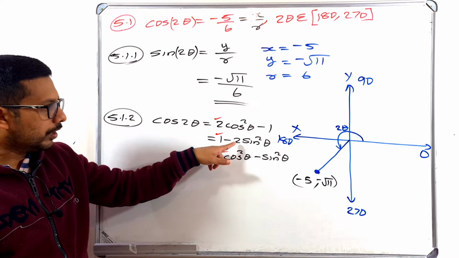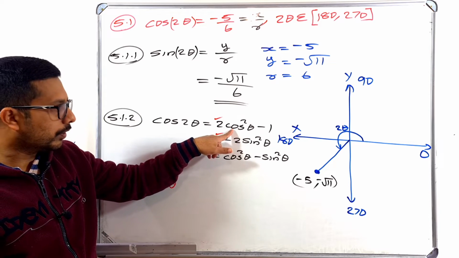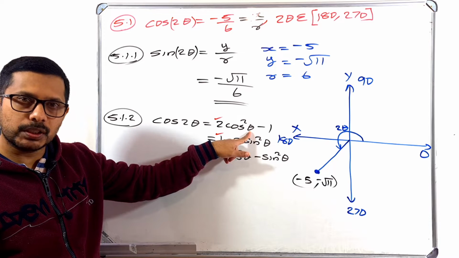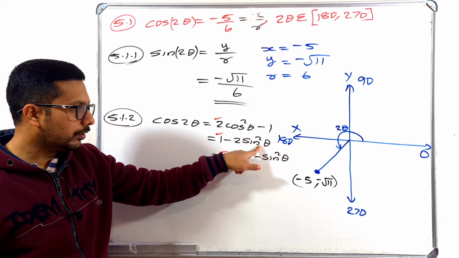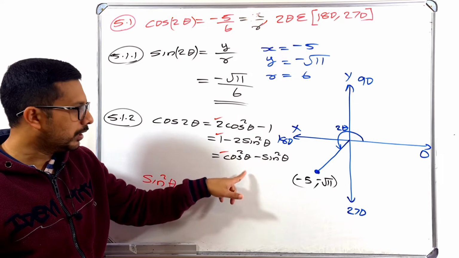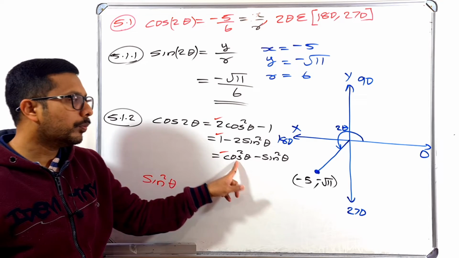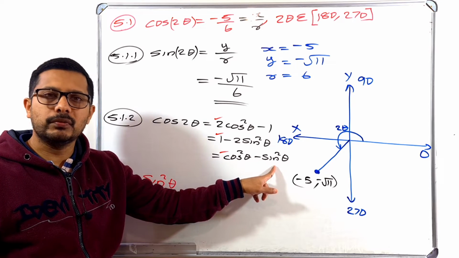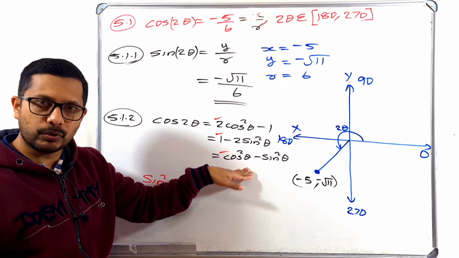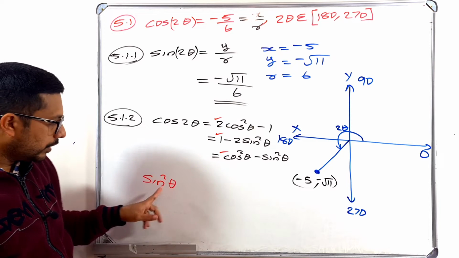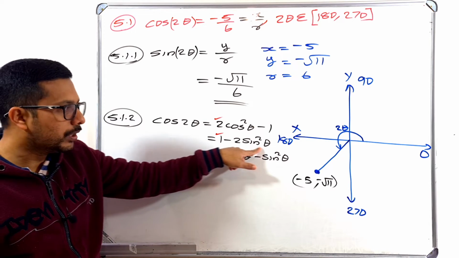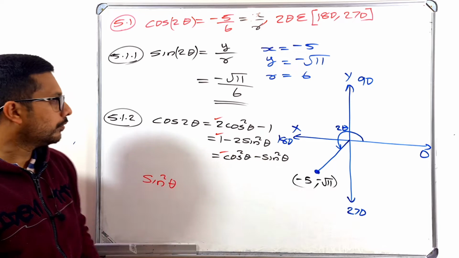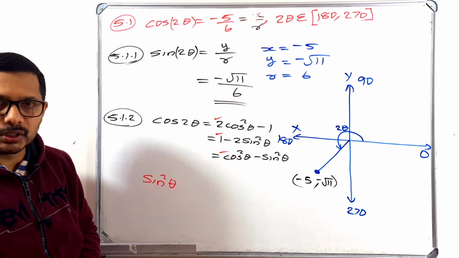Of course, we have to use this one. If we use the first, we can find cos square theta or cos theta. If we use this one, we can find sin square theta. But you can't use the third, because both terms are there, so there is no use in that formula. To find sin square theta, it is better to use this formula, so we can use that formula in our question.